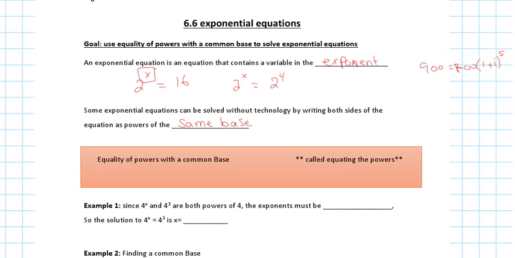So we're equating the power. In general, if a to the power of m is equal to a to the power of n, that right away makes m and n equal to each other.